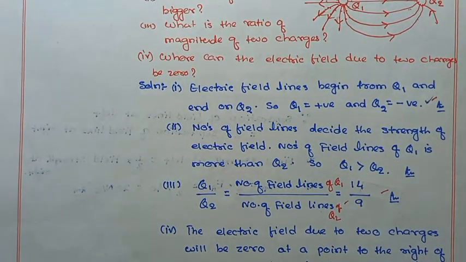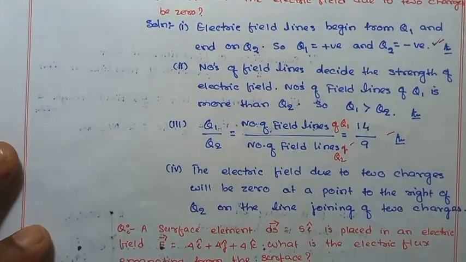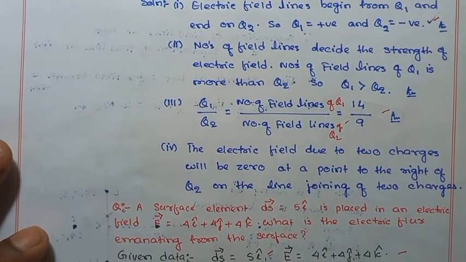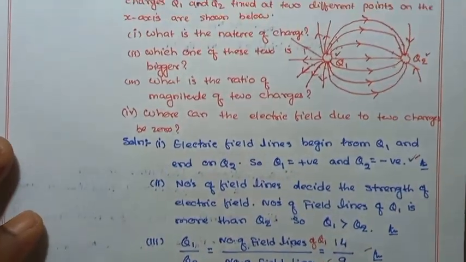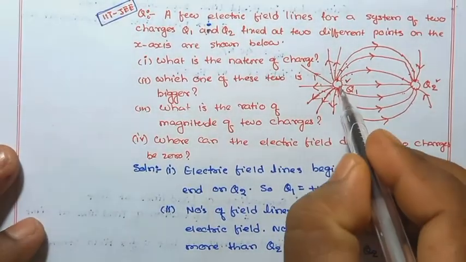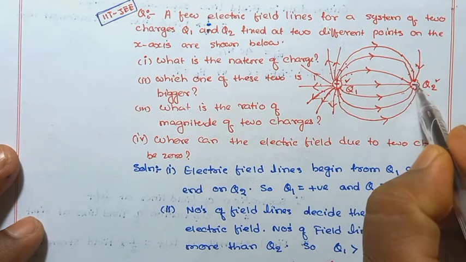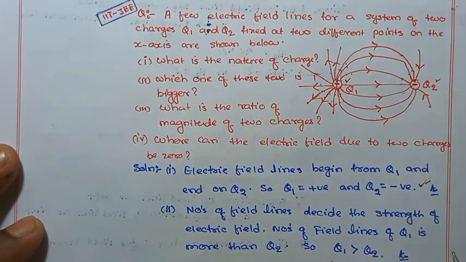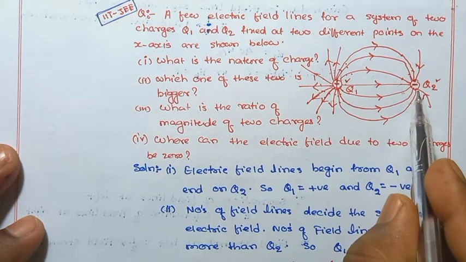Where can the electric field due to the two charges be 0? The electric field due to the two charges will be 0 at a point to the right of Q2 on the line joining the two charges, because this is the positive charge and this is the negative charge, and Q1 is greater than Q2.